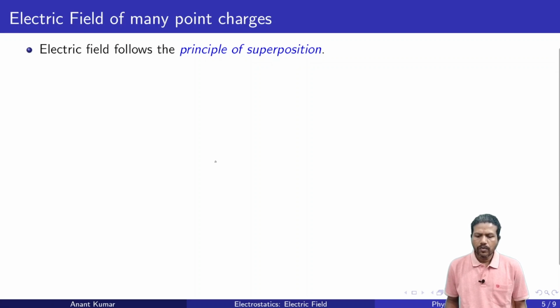Now what to do if I want to find the electric field of a number of charges? Because the forces follow the principle of superposition, it follows that the electric field also follows the principle of superposition.